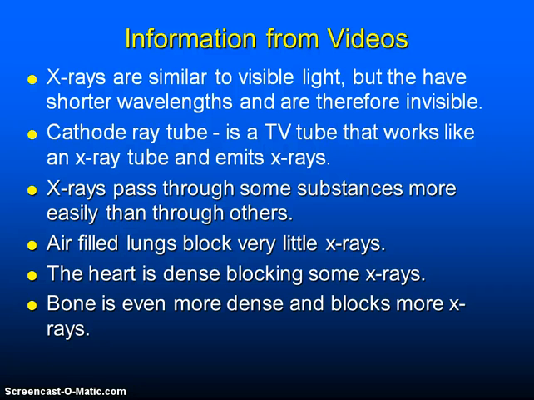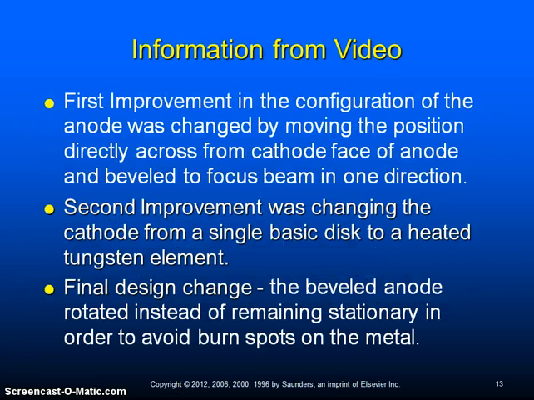X-rays pass through some substances more easily than through others. Air-filled lungs block very little X-ray. The heart is dense, blocking some X-rays. Bone is even more dense and blocks more X-rays.